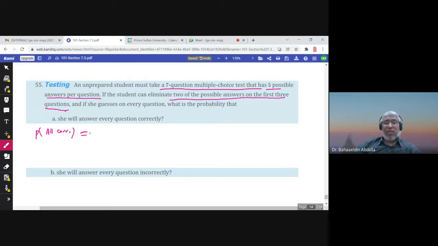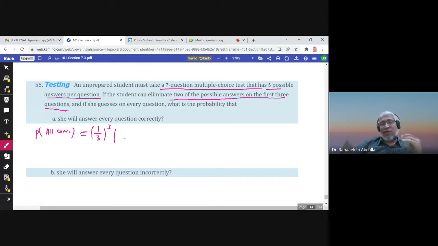Being correct in the first question will not affect being correct in the second question. What is the probability that she is correct in the first question? She has 5 possibilities, but she can eliminate 2. So she still has 3 possible answers, and she has to guess. So the probability that she gets it correct is 1 over 3, times 1 over 3 times 1 over 3, for 3 questions.